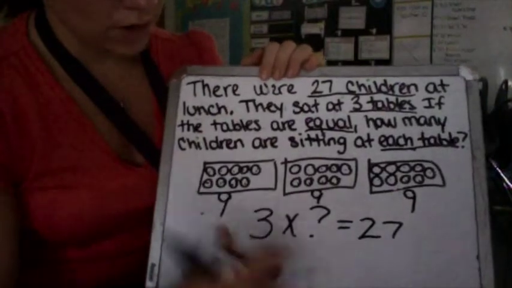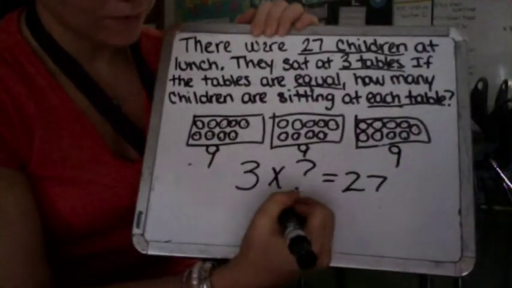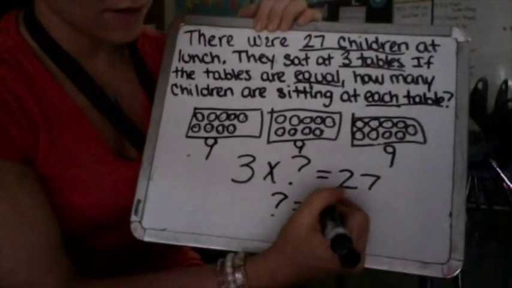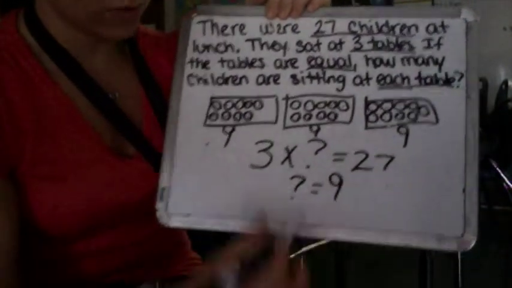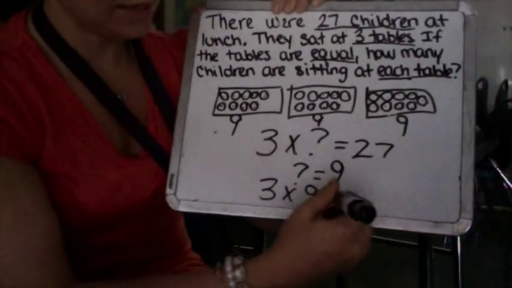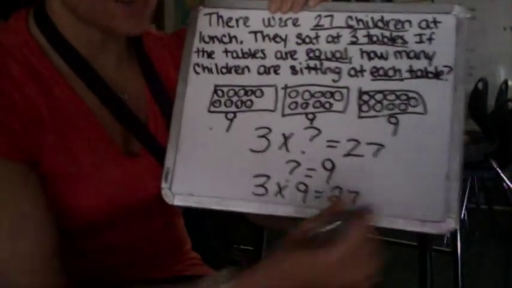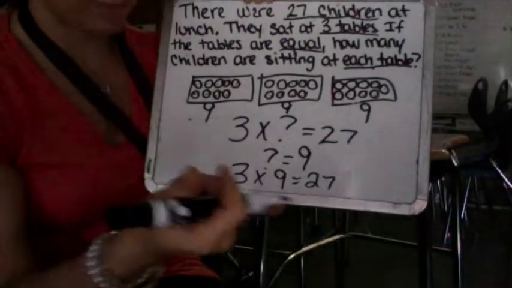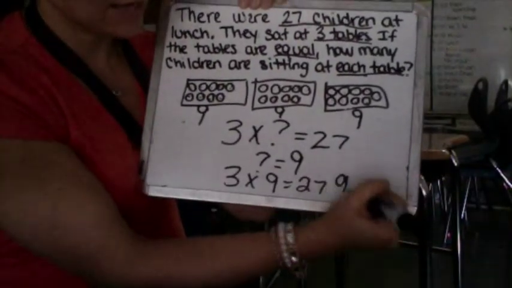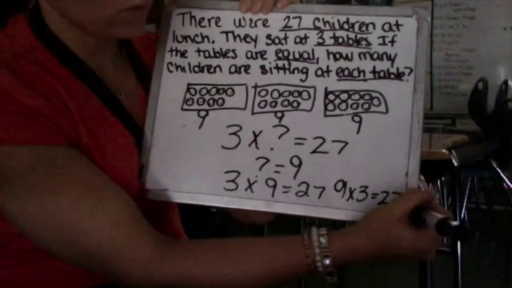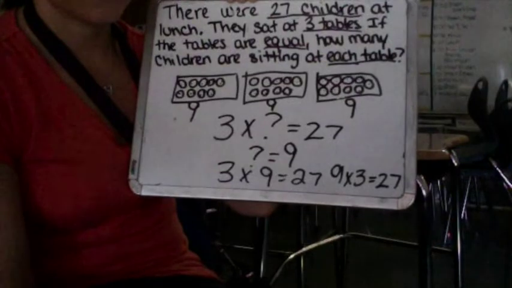So we now know how many are in each table. There are 9. So that means 3 times 9 equals 27. And if that's true, then flip it around. 9 times 3 also equals 27.